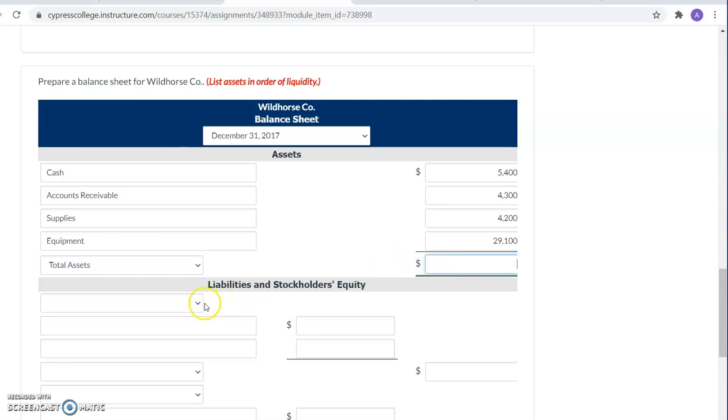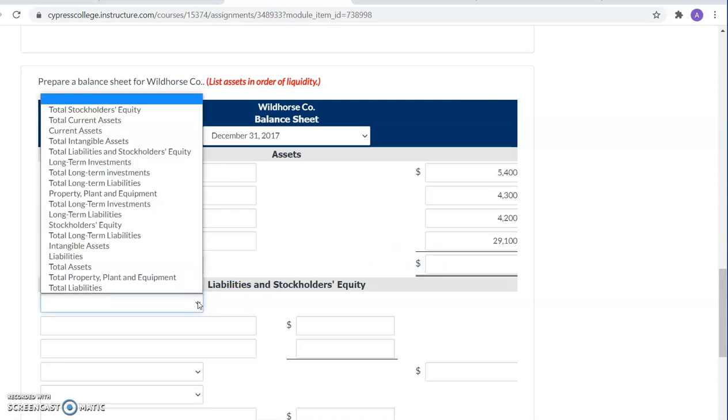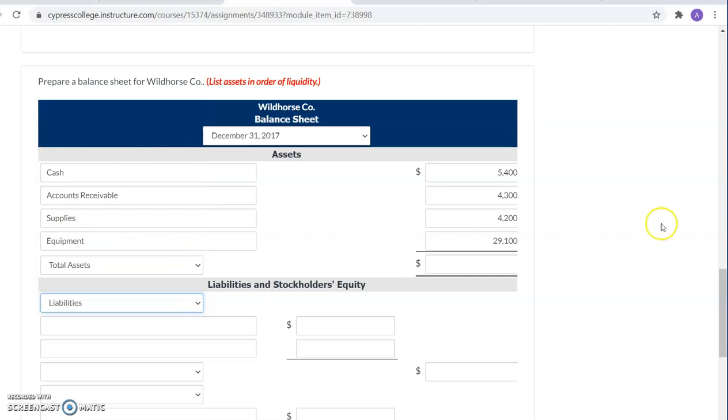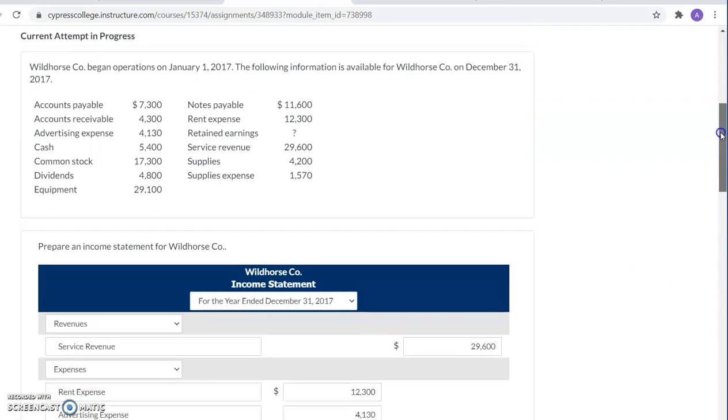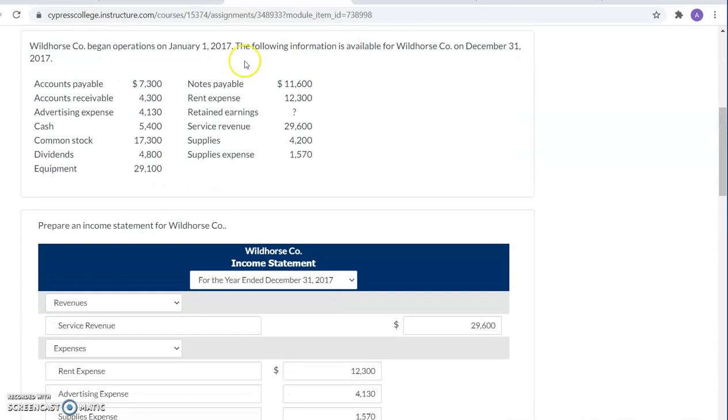The next section that we have is our liability section. And in our liability section, we want to note the amounts that the company owes to others. So I see accounts payable and notes payable. The order liabilities go in is, when do we have to pay back the loan?